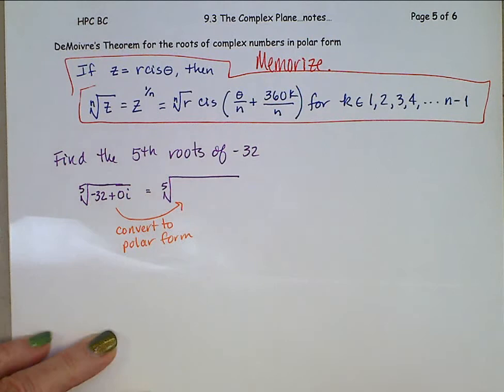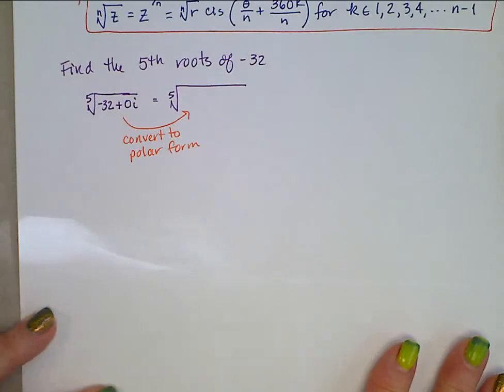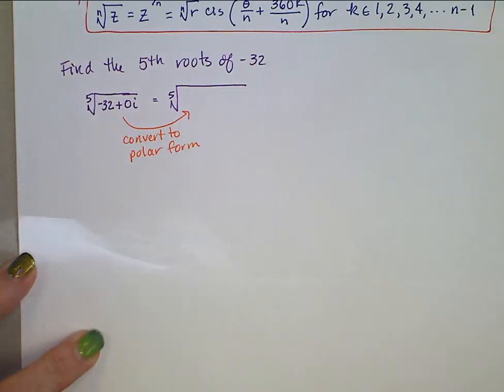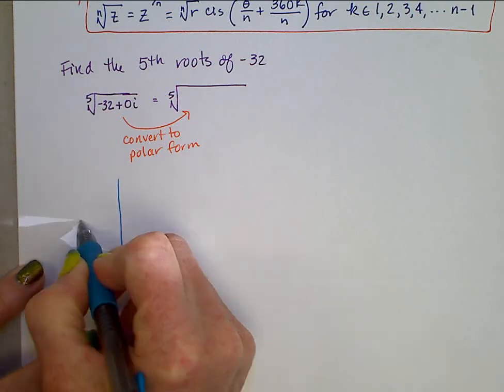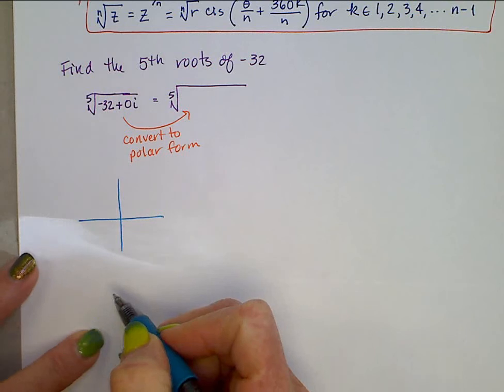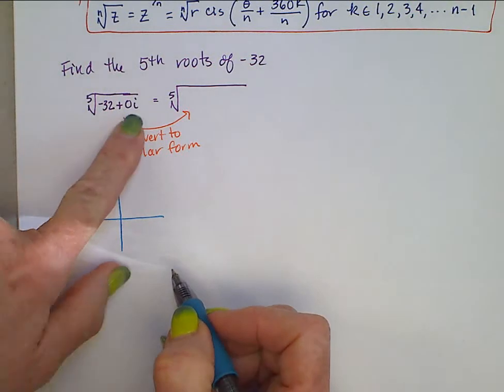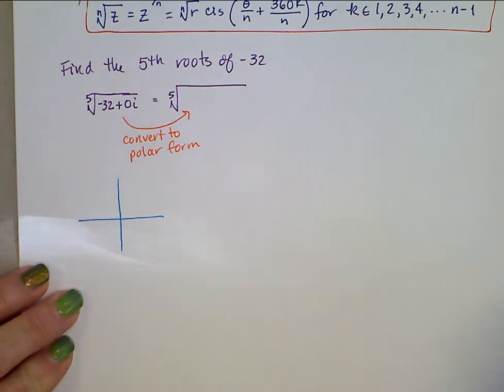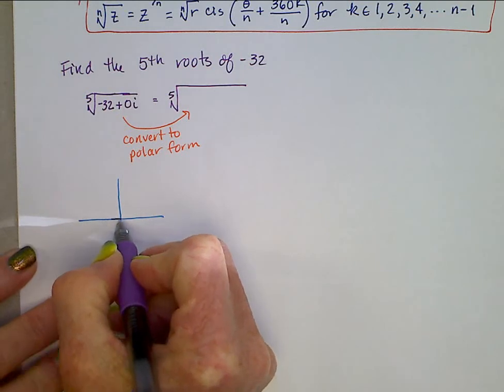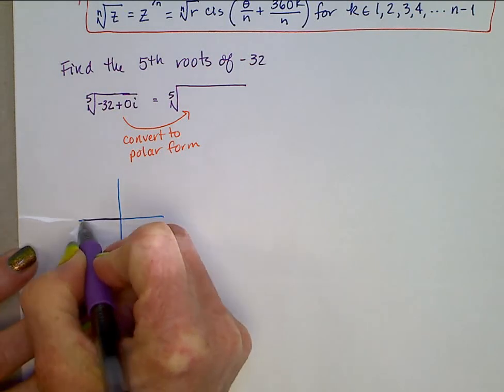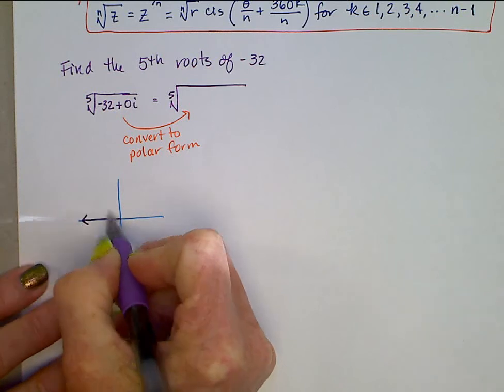There are two ways to do that, and you can choose either way. One way is to look at a picture, and negative 32 plus 0i is over here, negative 32, so plus 0i, so 32 out this way, and 0 going up.